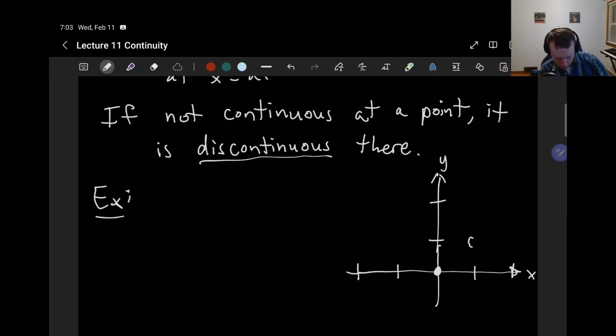We're going to draw a hole at 1, 1. Okay, and besides that, looks like the absolute value function. But at x equals 1, the true function value is down there. It does a sudden jump.